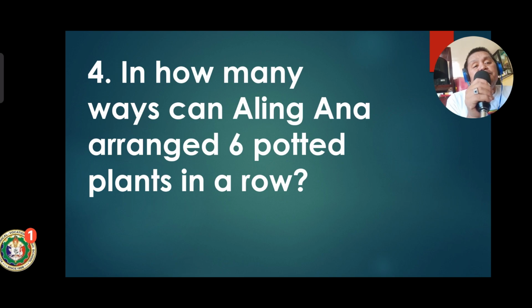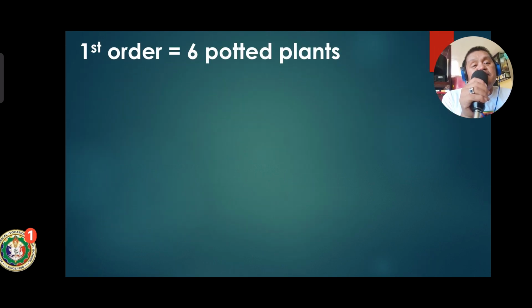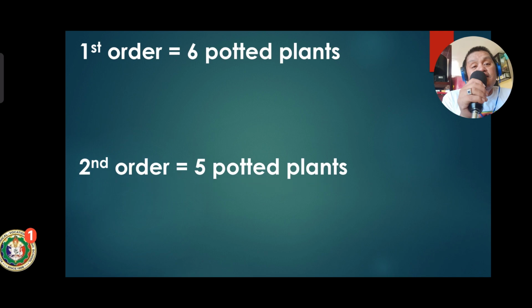Number 4. In how many ways can Aling Ana arrange 6 potted plants in a row? In this case, all of the 6 potted plants will be used. In the first order, all 6 are available.